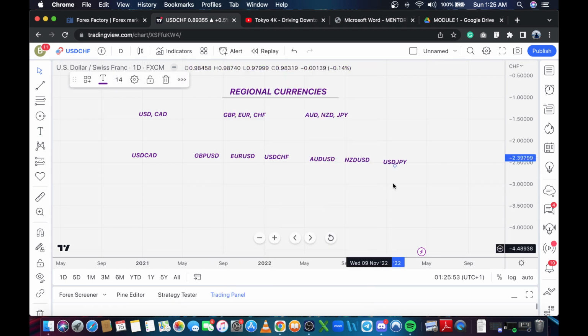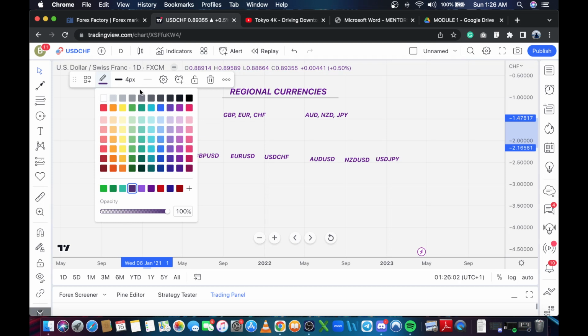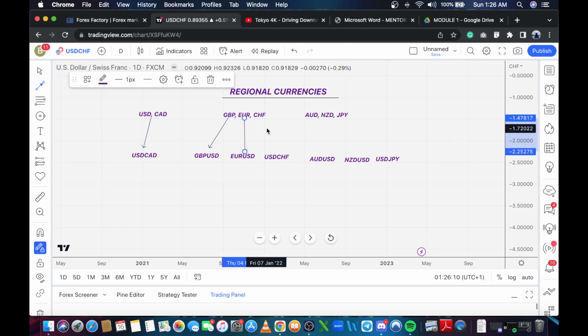Okay, so these are the majors, the most heavily traded assets or currencies. There are these ones. So for pound, combination with dollar; for euro, combination with dollar; Swiss franc, combination with dollar; Aussie, combination with dollar; New Zealand, combination with dollar; and yen, combination with dollar.